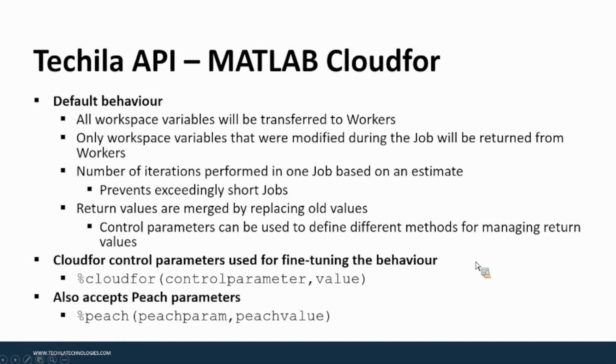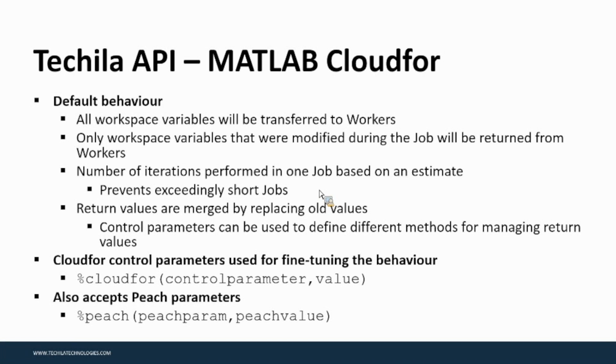And whenever you are using Cloud for, Cloud for automatically performs an estimation on how long one iteration takes. So let's say that you would have a Cloud for loop that consisted of 1,000 iterations, but you would do something extremely trivial in each iteration. For example, you just multiply the value of the index counter by 2 or something like that.